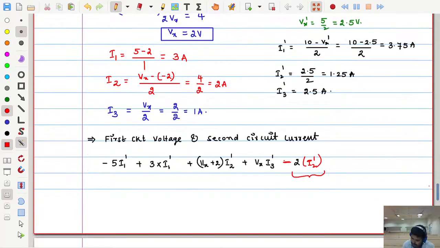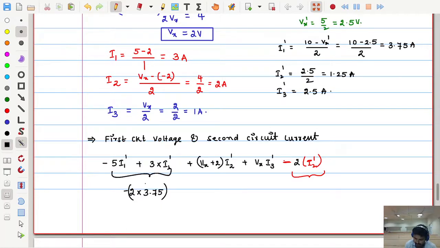So what we will do is substitute all the things. Now give me firstly all these values. So minus 5 into I1 dash, which is 3.75. Next, plus 3 into I1 dash, again I can make these two together, minus 5 plus 3, so minus 2 into I1 dash, which is 3.75. Directly I am writing, don't get confused, these two terms together.